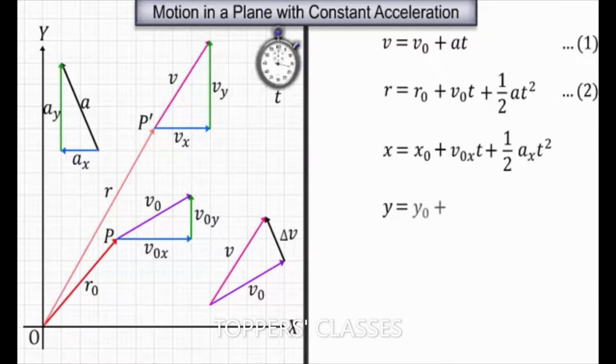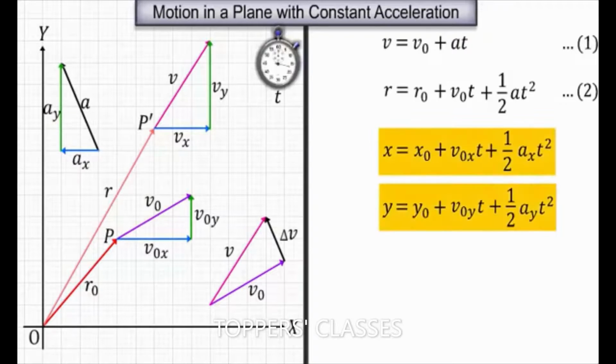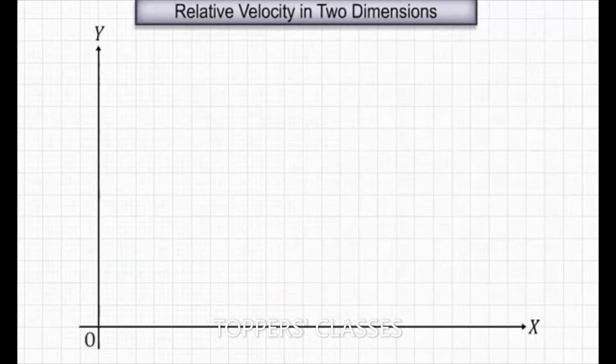Let these be equations 3 and 4. These equations imply that a body can have two independent simultaneous motions in x and y directions with constant acceleration. Similar equations can be written for three-dimensional motion also.